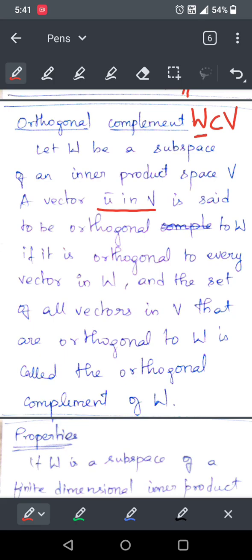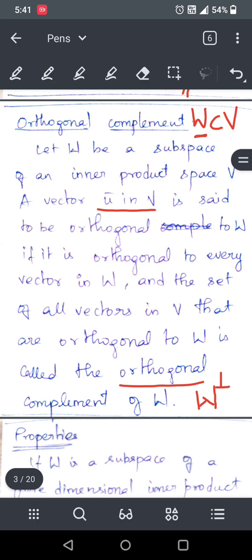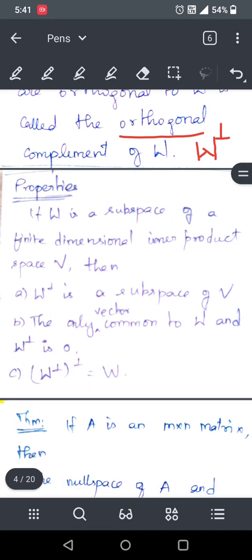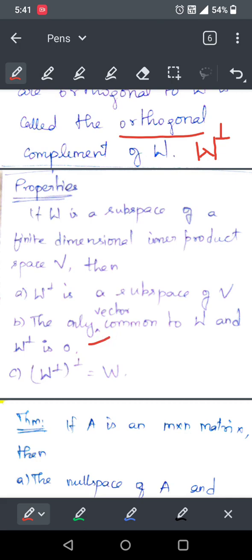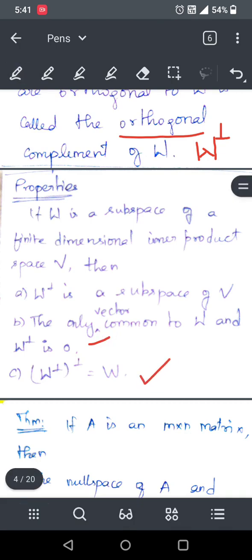The set of all vectors in V which are orthogonal to W is what we call the orthogonal complement of W, and we denote it as W perp. So with this we can conclude that W perp is a subspace of V, and the only common vector between W and W perp, as the two are orthogonal to each other, will obviously be 0, and W perp perp is equal to W.